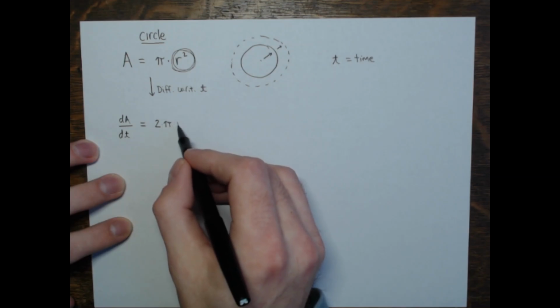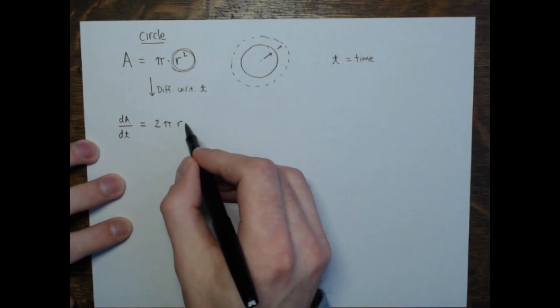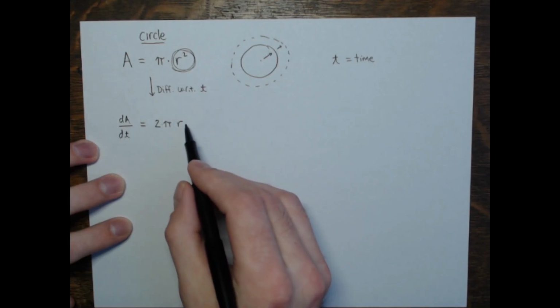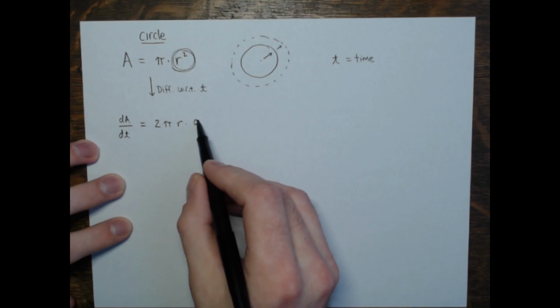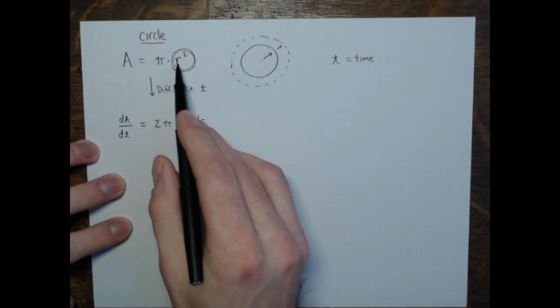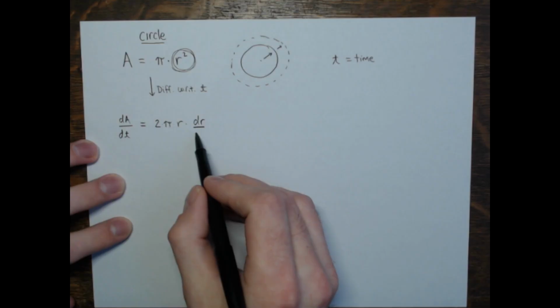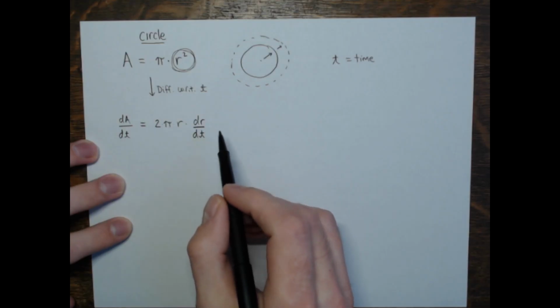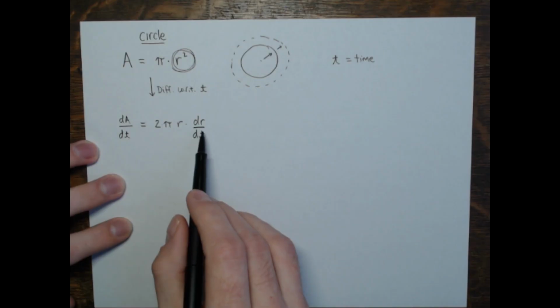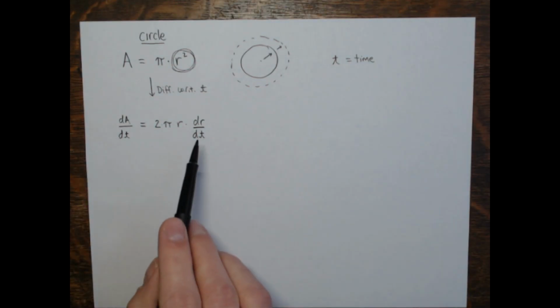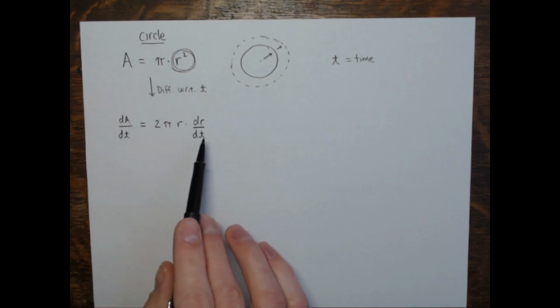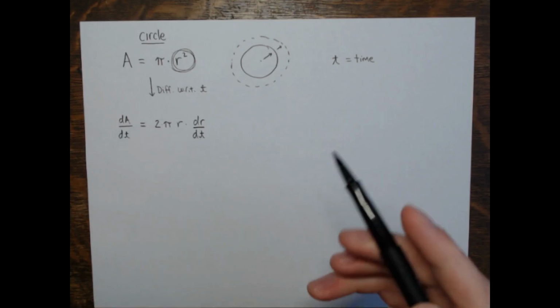So 2 times r to the first power. But then afterwards, you apply the chain rule, right? Then multiply by the derivative of the expression inside. So the derivative of r with respect to t. Right? And if you want to use a prime and r prime, you could, right? So here, though, is our related rate equation.